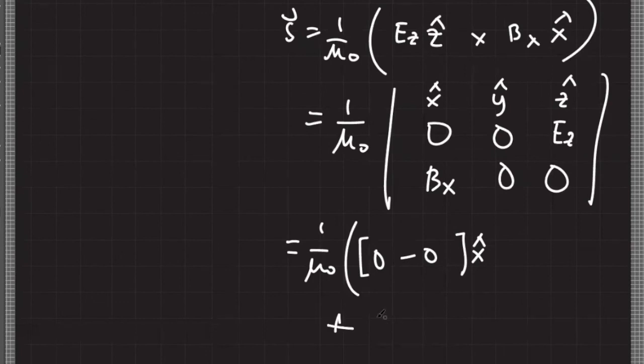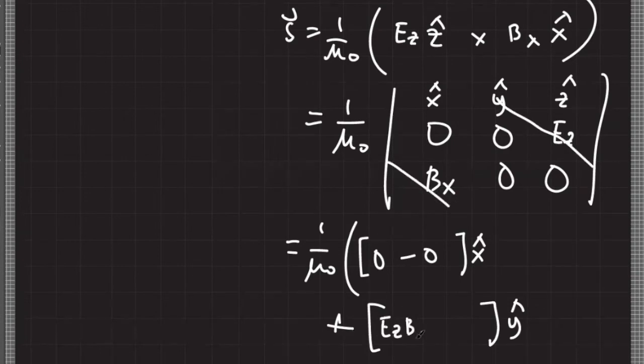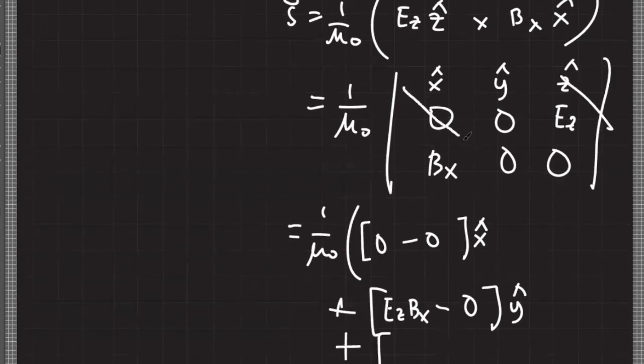Plus, when it comes to y hat, E sub z times B sub x minus 0 times 0. So I'll have 0 plus, this is that term, so it's also 0, minus B sub x times 0 equals 0.